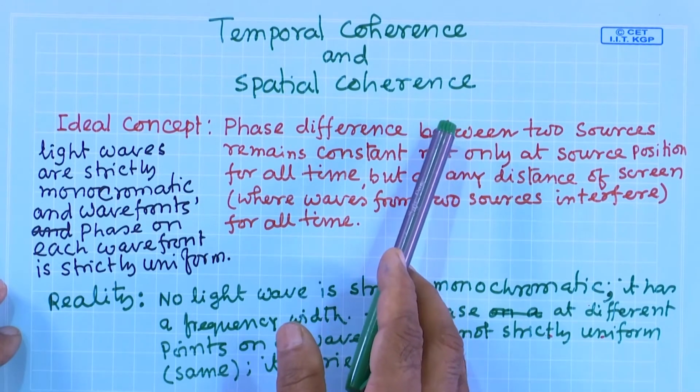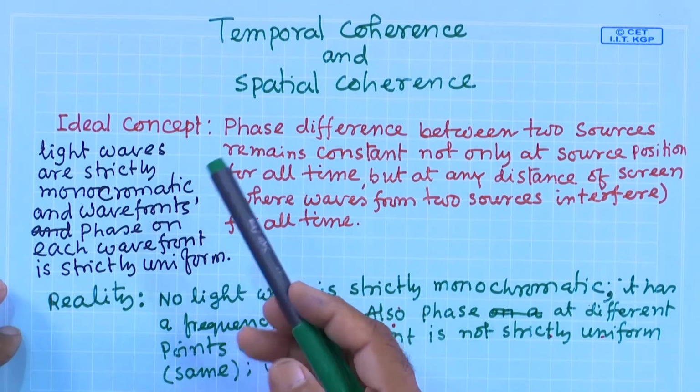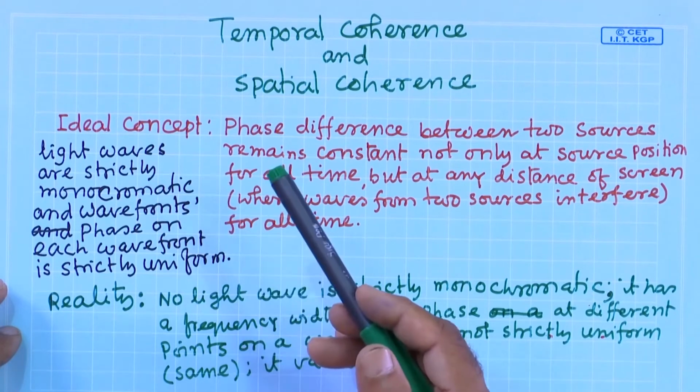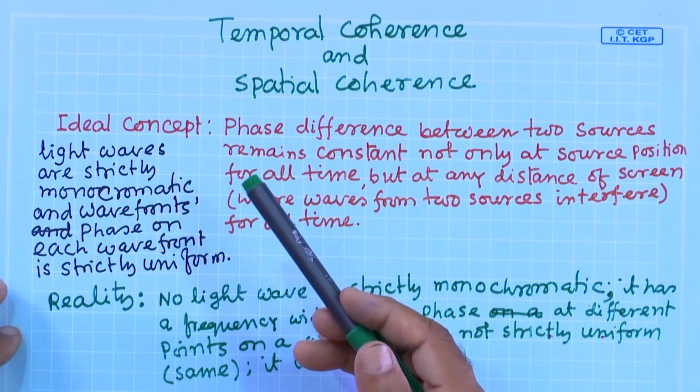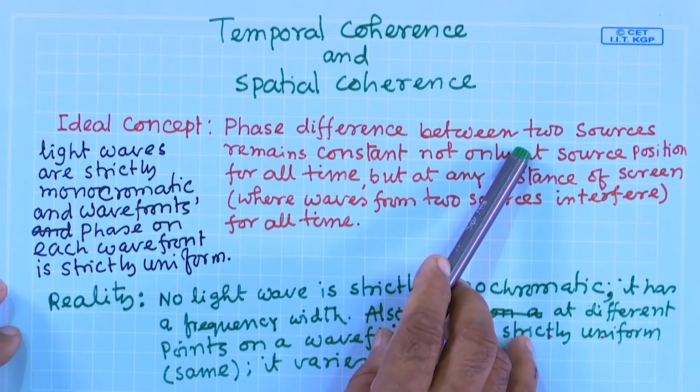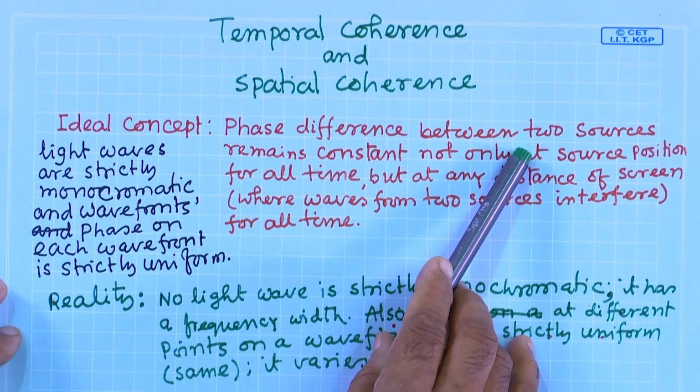We are saying that the source has to be coherent, which means the two waves which will interfere at some point, at that point their path difference or phase difference has to be independent of time. That is the condition to be coherent.